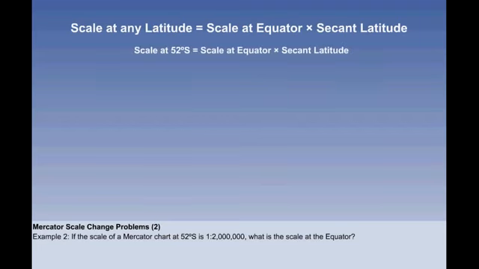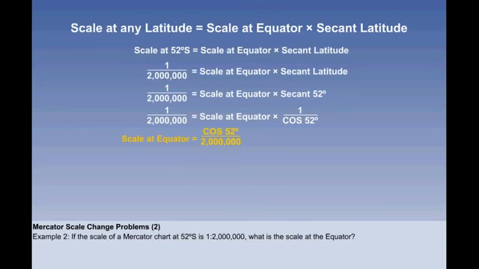And, as before, we can put in the secant of the latitude. And again, write secant as 1 over cos. Rearrange the equation to make the scale at the equator the subject. And, remember from the lesson on basic scale, when evaluating a representative fraction, for easy calculator operation, divide the denominator by the numerator and then write the answer as 1 over the result.